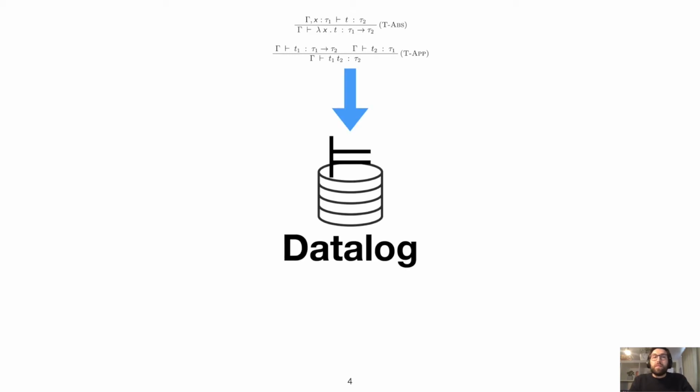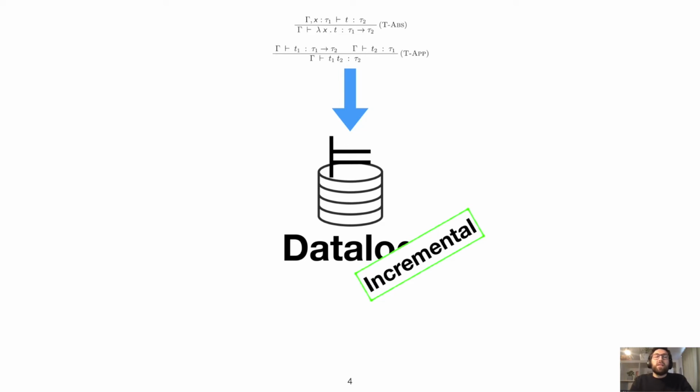In this paper, we explore one possible solution. And our goal is to translate the language specifications, and in particular, the typing rules, to Datalog. And we chose Datalog as a target because we can piggyback on Datalog's efficient incremental execution model.